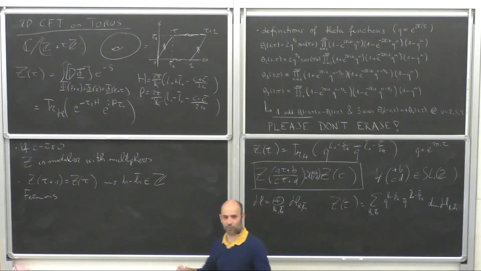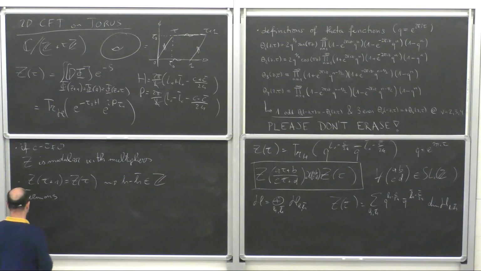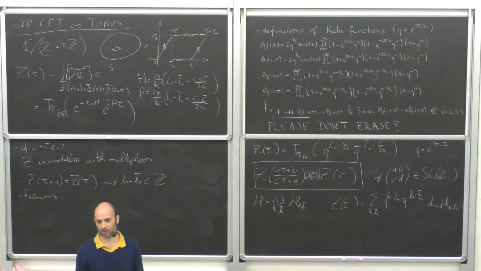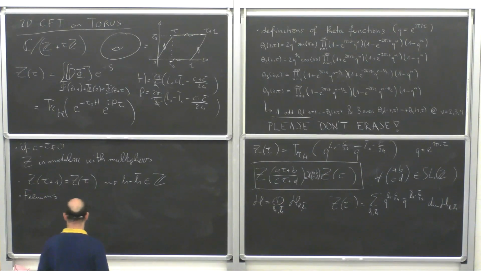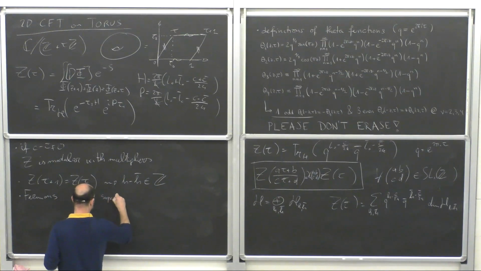So you have a Neveu-Schwarz sector and a Ramond sector. For example, suppose your Virasoro algebra is extended to the N=1 super Virasoro algebra. This is the case that is interesting for superstrings, for example. So suppose the chiral algebra A is N=1 super Virasoro.